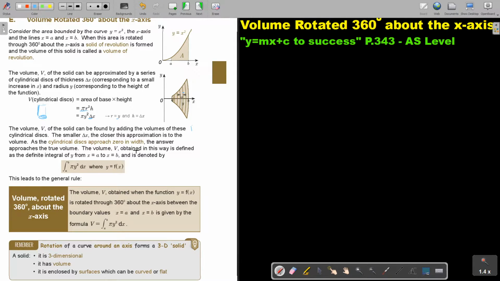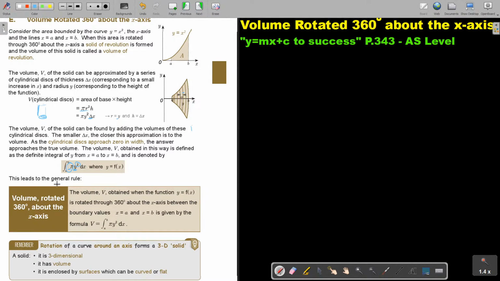The volume V obtained in this way is defined as the definite integral of y, so it has boundaries from a to b, and is denoted by pi r squared, that's the area of base, dx. Remember, in volume, don't forget your pi, and don't forget to take your function and square it.